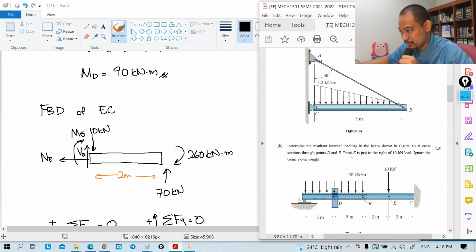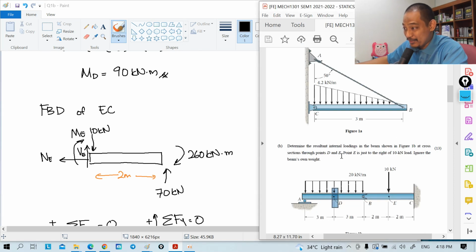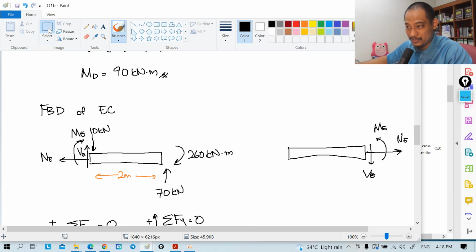Because this says point E. Oh, okay, I read it wrong. Okay, sorry. So this is why I get it wrong. 10. Okay. Point E is just to the right of 10 kilonewton. So if point E is to the right, meaning when you cut at point E, it does not include the 10 kilonewton. Okay, so let's verify this.